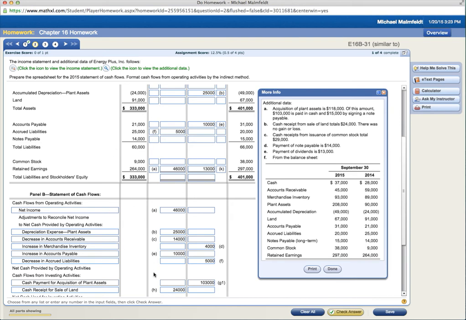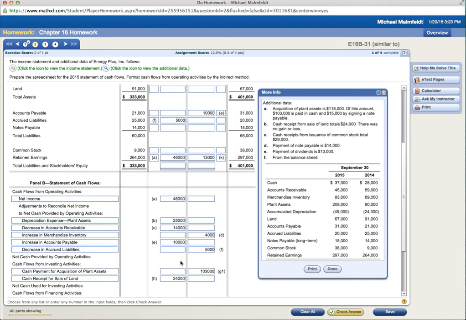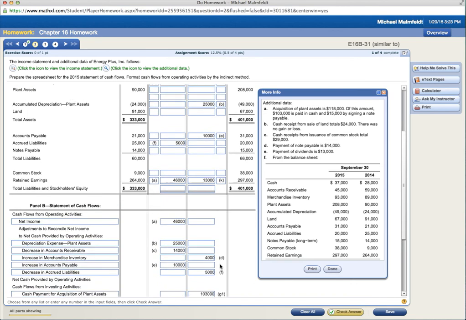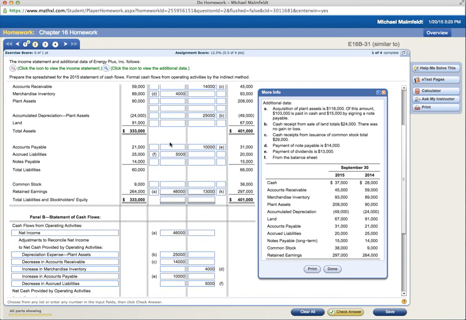We already recorded that. Now we come down here, we see transaction G1 for $103,000. And that was a cash payment for acquisition of plant assets. So let's come up here to plant assets. We see here under plant assets that they gave us two lines of space to work with here.